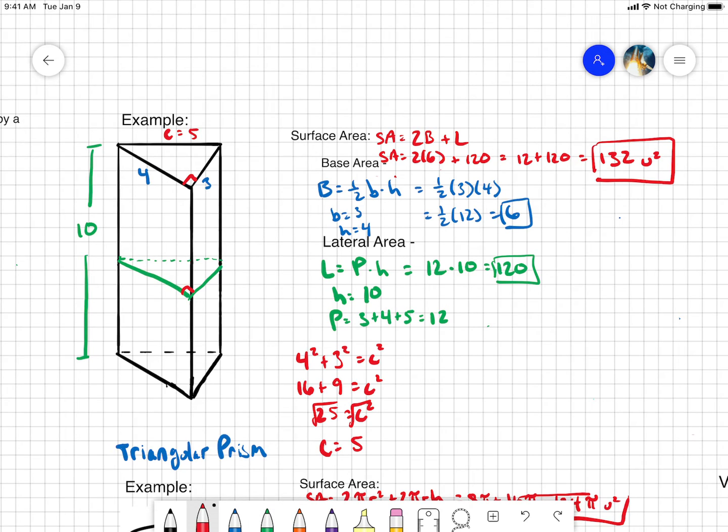And this thing's going to have the exact same area as the top. So even though this shape isn't a regular polygon, this is still going to work, even though we have like an awkward prism where the top is not regular. Okay? But it's still a triangle. I can still find the base area of that. Okay?